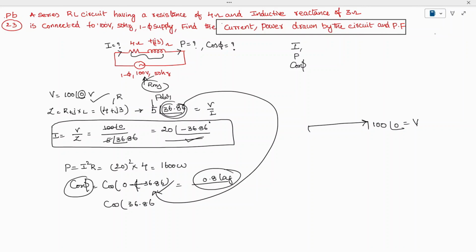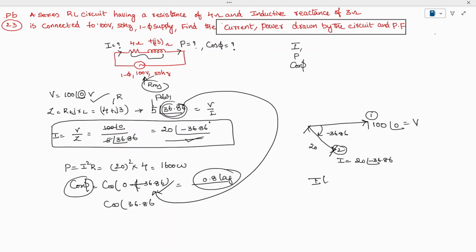This is the magnitude of current I, which is 20 at an angle of minus 36.86, of magnitude 20 and subtending an angle of minus 36.86. So now I can say voltage is first and current is lagging.